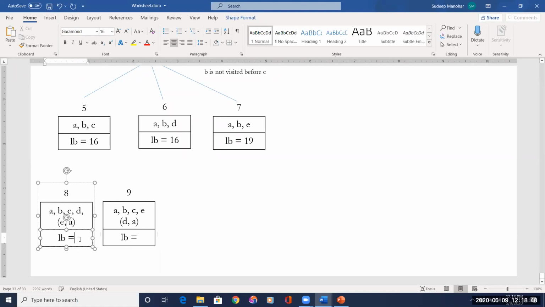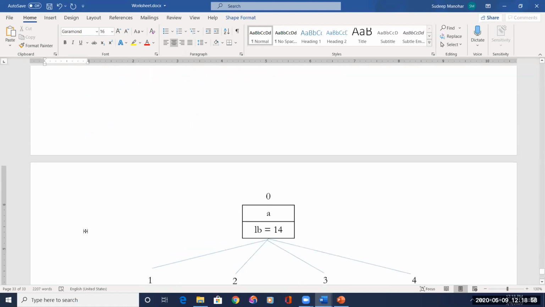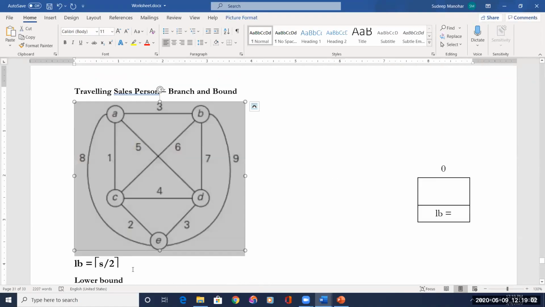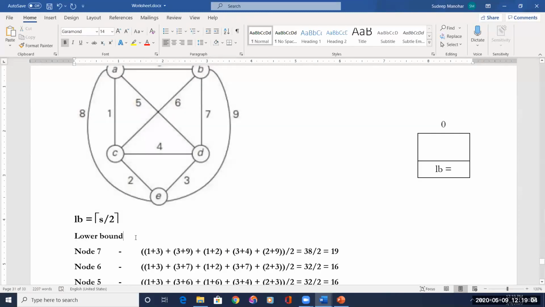Now calculate the lower bound for this. Now you have to remember this path A, B, C, D, E, A. Node number 8.